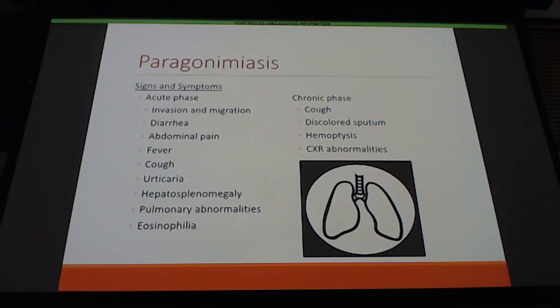So here are some symptoms. We'll have an acute phase and a chronic phase. The acute phase is mostly the worm making its way up into the lungs. This is the migratory phase, where the worm can trigger a range of symptoms due to inflammation and tissue damage as it makes its way up to the lungs.